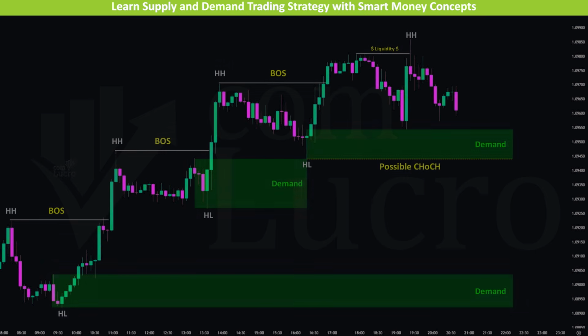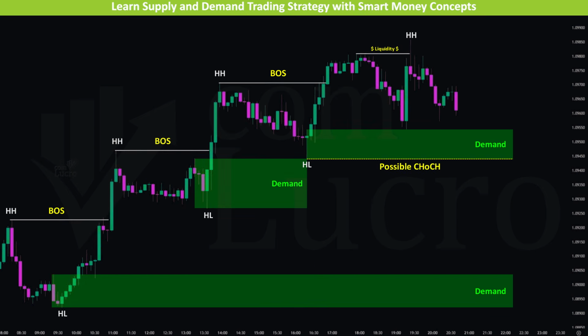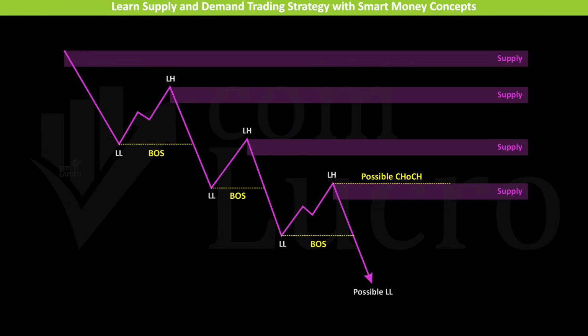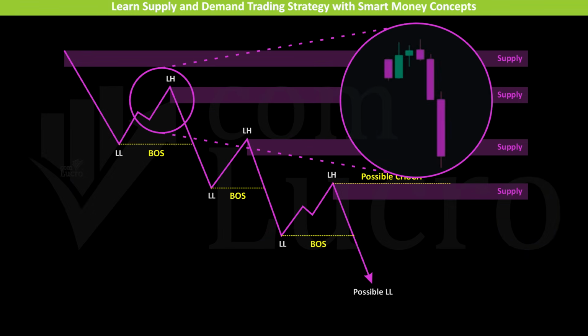In this example, the final two consecutive bearish close candles before the expansion together create an unmitigated demand area. In the same way, in a bearish scenario, the last bullish close candle or a group of consecutive bullish close candles at the start of the bearish expansion defines the supply zone.